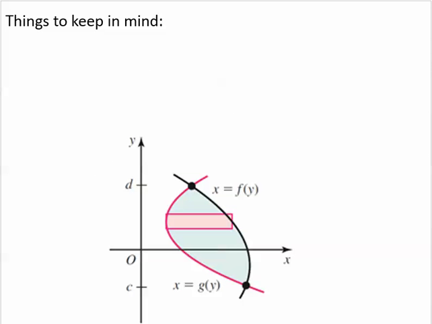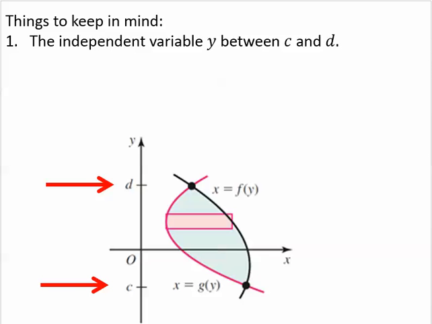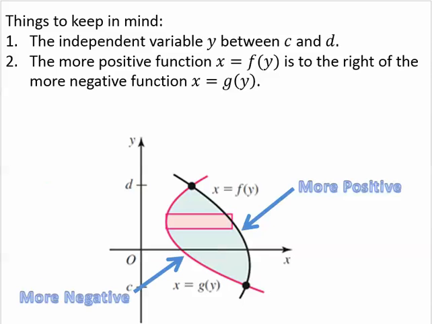Here are some things to keep in mind. The independent variable y runs between c and d. The more positive function x equals f of y is to the right of the more negative function x equals g of y.